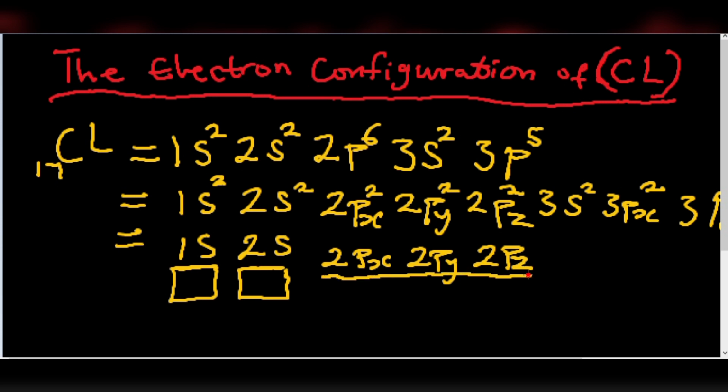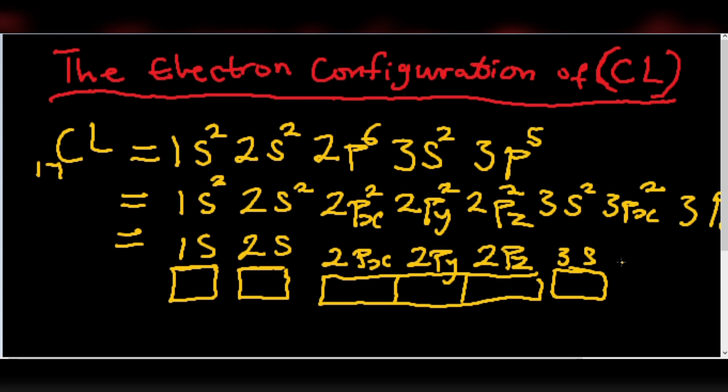They are degenerate, so draw the box together. You have 1, 2, right? Yes. Then from here, okay, so we have the 3s, right?